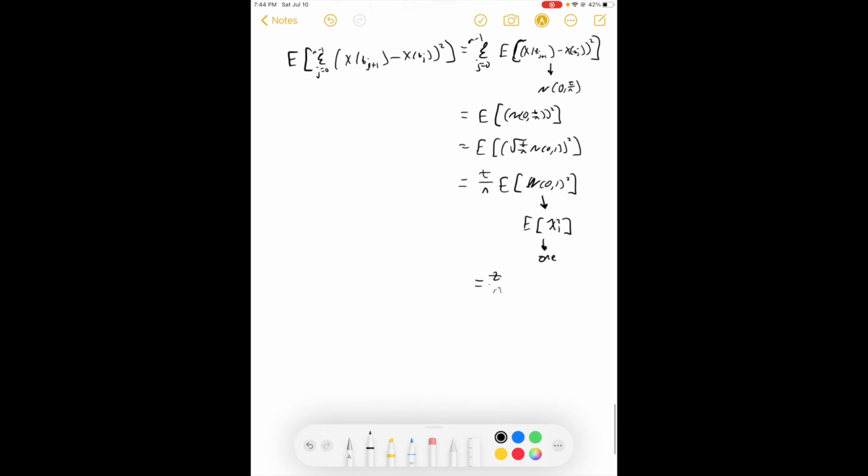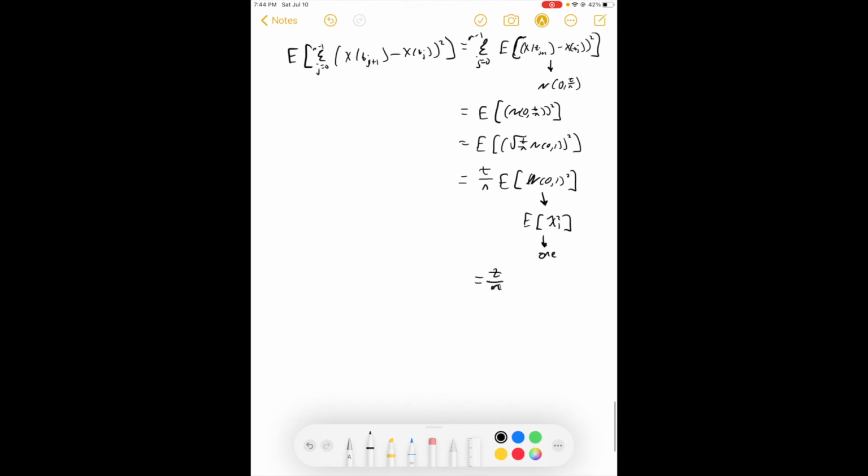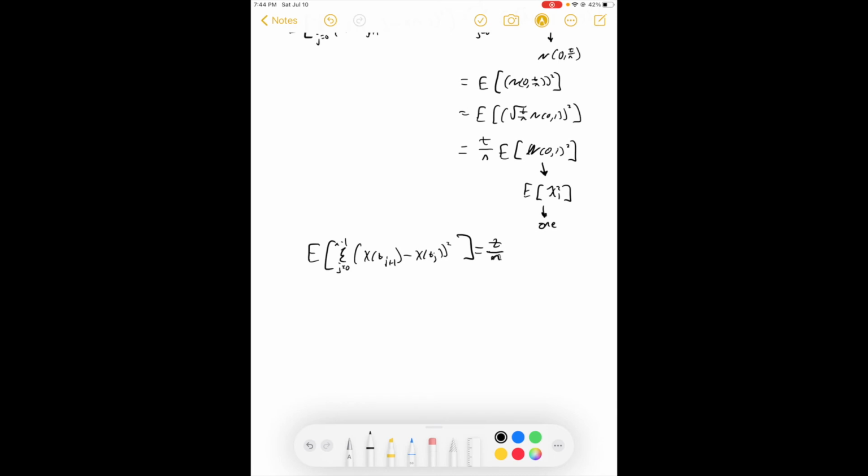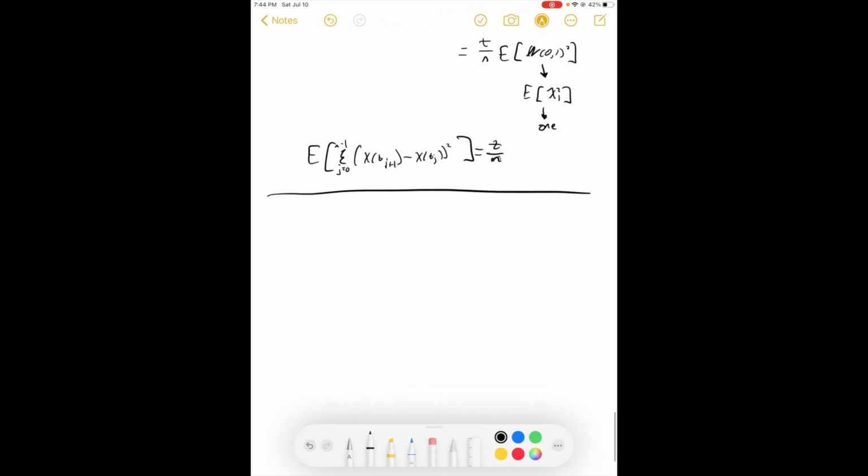So we've got here t over n for our expected value of that thing. Let's write it all out. The expected value of the sum from j equals 0 to n minus 1 of x of t sub j plus 1 minus x of t sub j squared is equal to t over n. So now let's rewrite the whole thing.